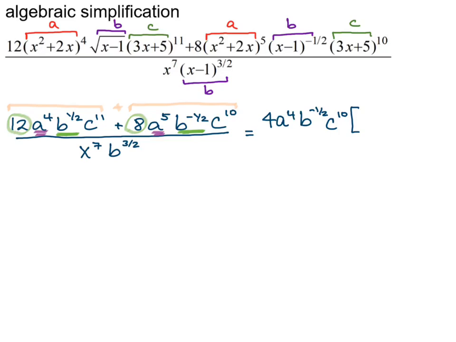Okay, so I am left with a 3 because 12 divided by 4 is 3. My a's are gone. Now, b to the 1/2, and I took out b to the negative 1/2. This is a little bit tricky, but I'm going to be left with b to the 1st.